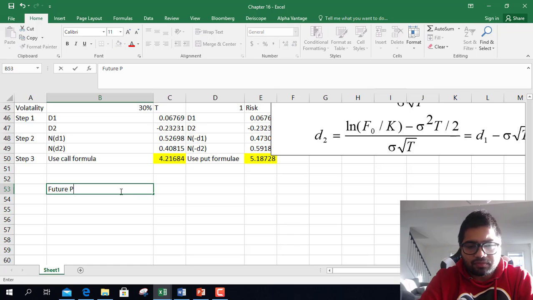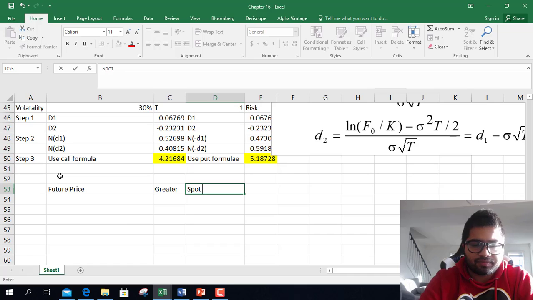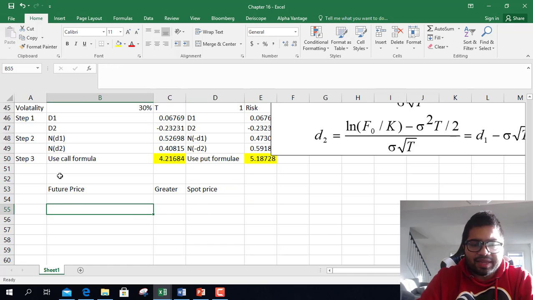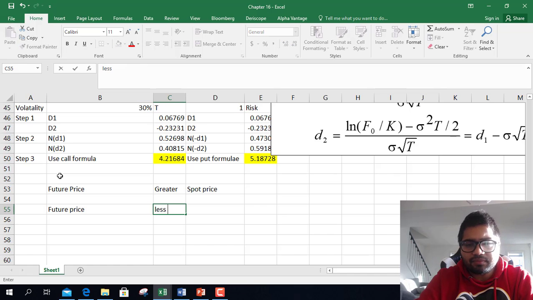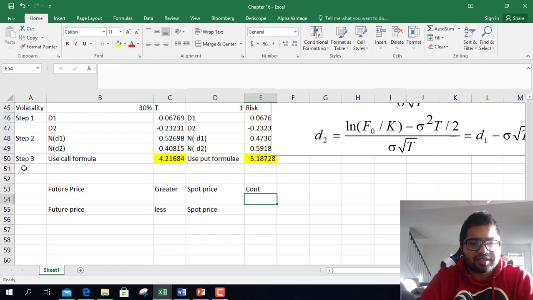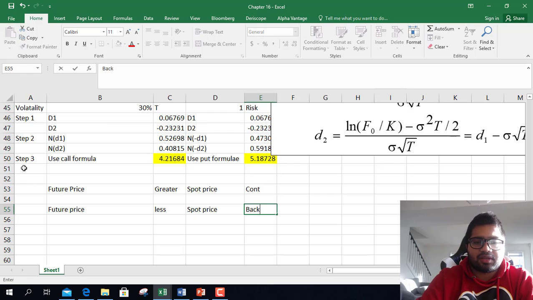There can be a situation where future price is greater than the corresponding spot price, or there can be a situation where future price is less than spot price. We have discussed why it happens. This is called contango and this is called backwardation.